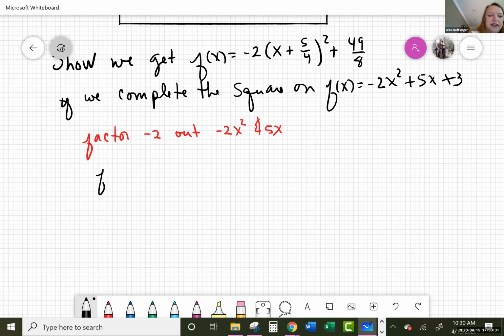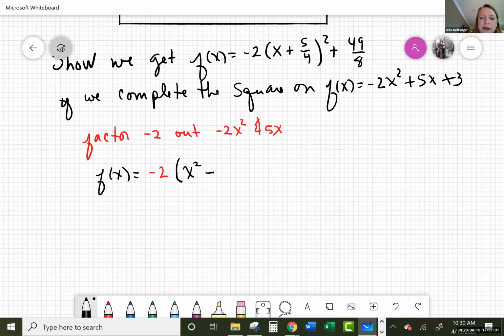So doing that, we get f of x is equal to -2 times the quantity, well, I pulled a -2 out of the -2x squared, so I'm just left with an x squared. I'm pulling a -2 out of a positive 5x, so I'm going to have to change the sign to make this minus. 2 doesn't go into 5 evenly, so in that case just put your b value over the number that you pulled out, except for the sign.